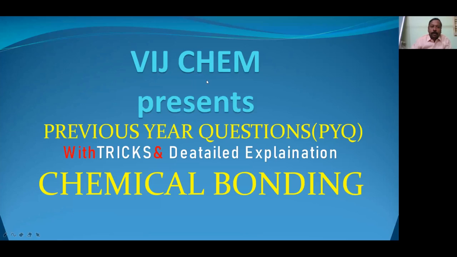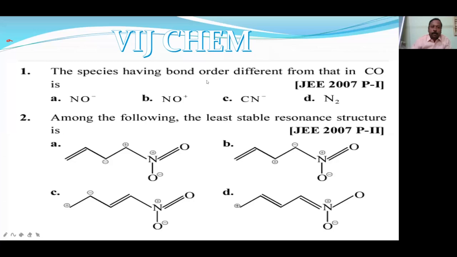The species having bond order different from that in carbon monoxide. This is JEE 2007 Paper 1, an Advanced question. Like that, some are Mains questions, some are NEET questions. So you can try your answer, then cross-check with my explanation.